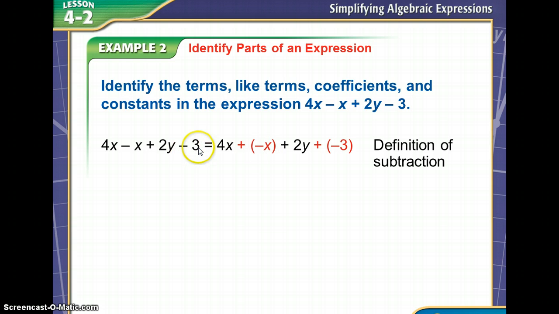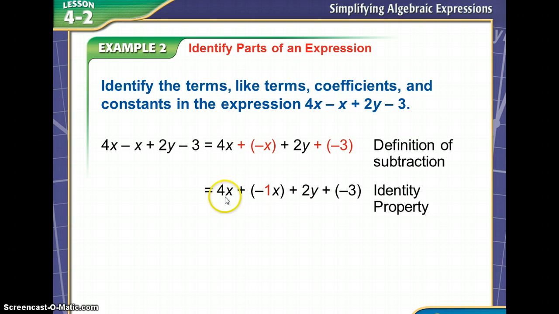Instead of minus 3, you have plus a negative 3. And when you do that, you can clearly see that there are 1, 2, 3, 4 terms. Notice here that they rewrote this as negative 1x because remember, there is always a coefficient of 1 in front of your variables even though you don't see it.